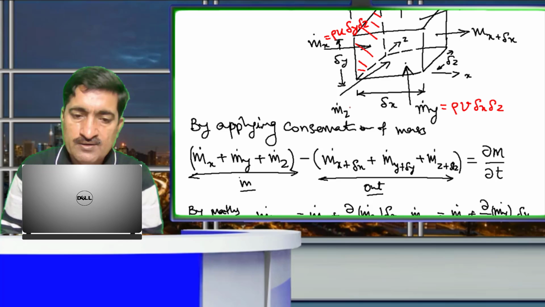Similarly, mz is rho into w into delta x into delta y.